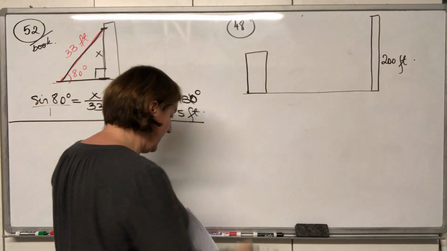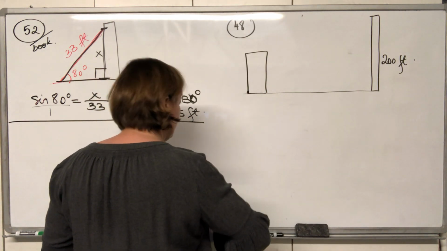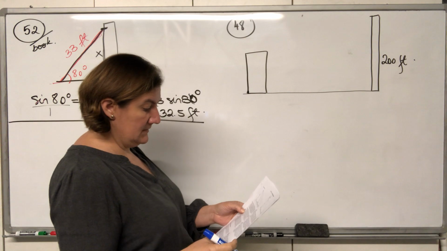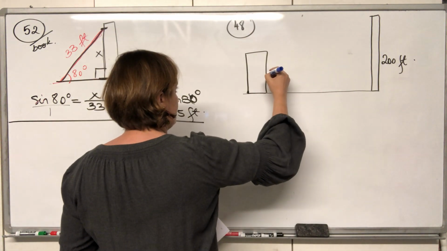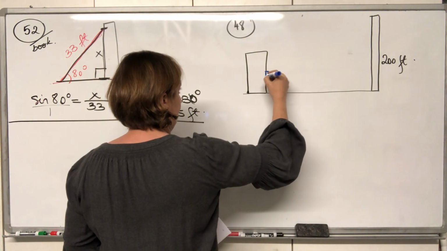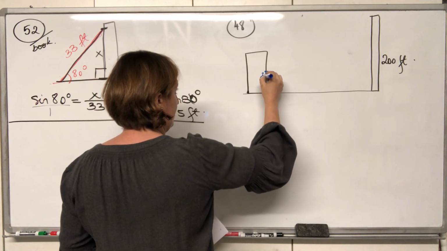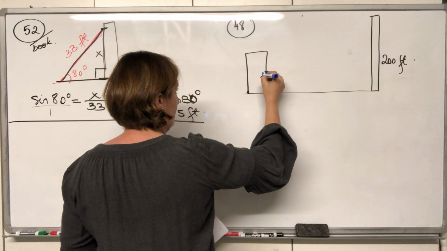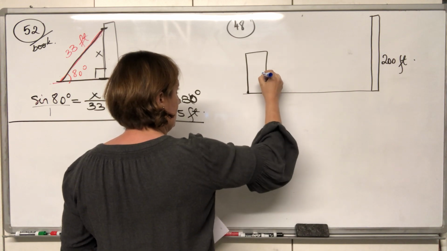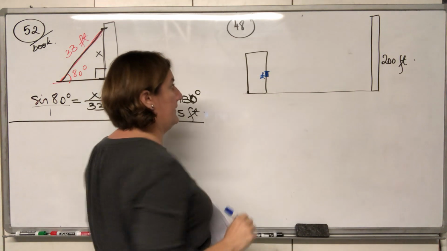There's a guy in the window of this building. Here's the window, and here's the guy behind the window. I'll give him a neck, legs. There you go, there's the guy.